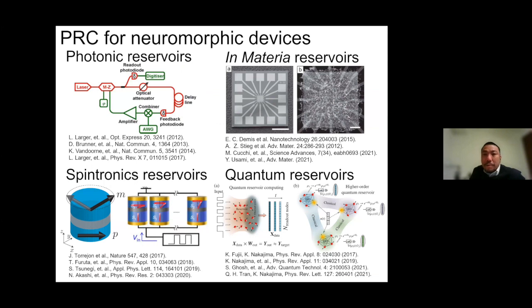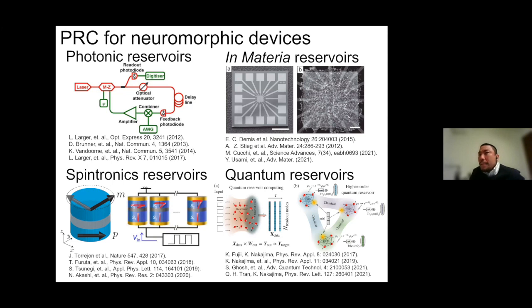There are four major approaches. The first one is the photonic reservoir using laser. You can implement extremely high-speed computation by using laser dynamics. Another approach is in-material reservoirs. You implement this echo state network-like network structure in the material.